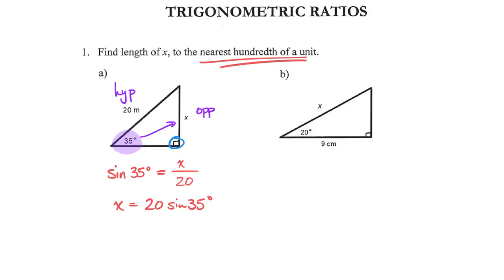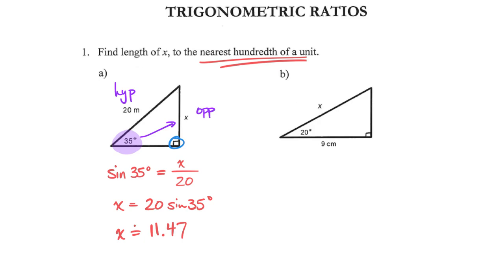So you are going to go through your keying sequence however you have to. Last time, we were just trying to figure out how to punch in ratios. Now we have an operation. If you have a forward calculator, you can punch in 20 sine 35 right away. And you are going to get an approximate value of 11.47.